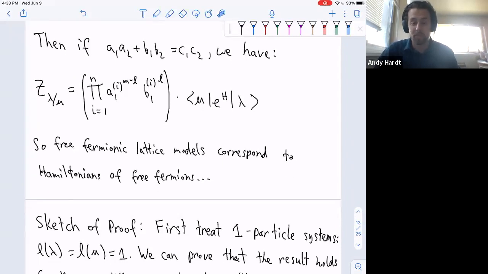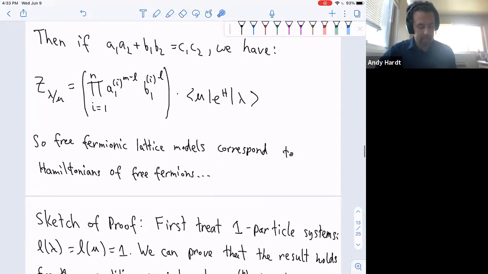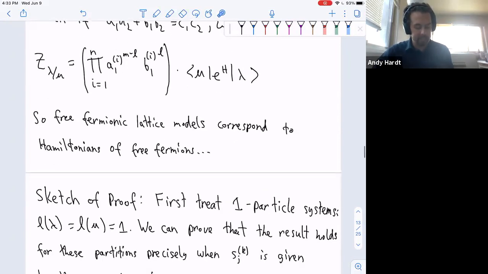But I'll just sketch the proof of this fact, which is I think also kind of nice. Essentially, we treat one particle systems, and we start with one row partition functions. It's very easy to go from one row to many rows. So we treat one particle systems, and then we can solve very directly, because there's always going to be one state and it's going to be very, very simple.